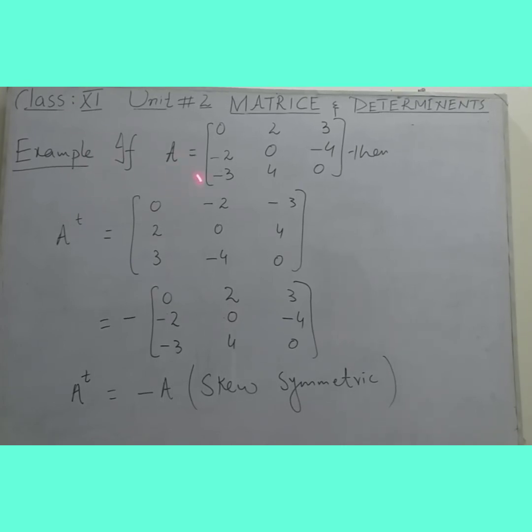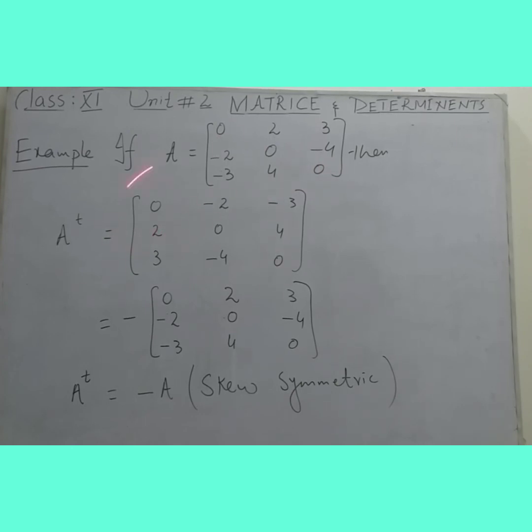If A is equal to 0, 2, 3, minus 2, 0, minus 4, minus 3, 4, 0, then A transpose: here we interchange rows into columns. So changing rows 0, 2, 3 and minus 2, 0, minus 4 into columns, and minus 3, 4, 0.